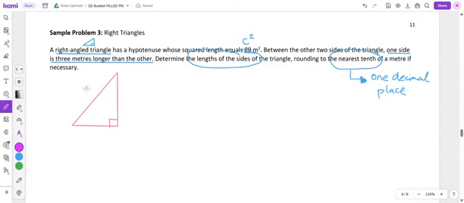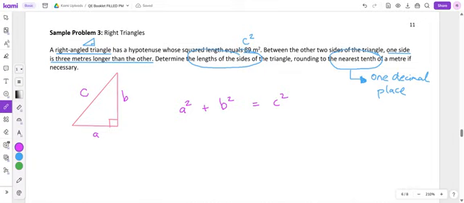So hypotenuse is always C. The other two sides are A and B, right? And then I have that equation that says A squared plus B squared equals C squared. So we can use this theorem to find the different lengths of a right angle triangle.